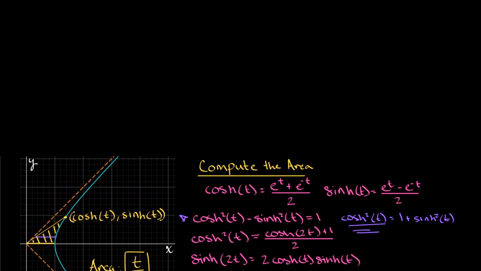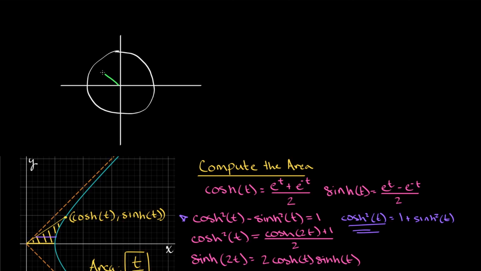So if I were to quickly, I know this video is getting a little long, if I were to draw out a unit circle here, an attempt at a unit circle, and again, this unit circle has a radius of 1. And if I were to give us this little sector here, or define this as t, then this point right here would be cosine of t and sine of t.